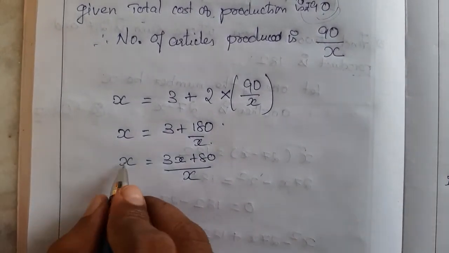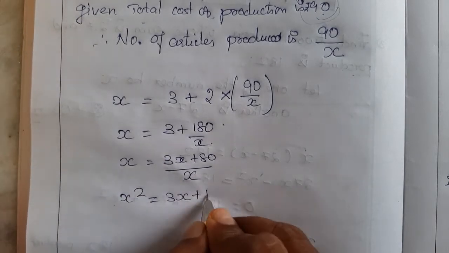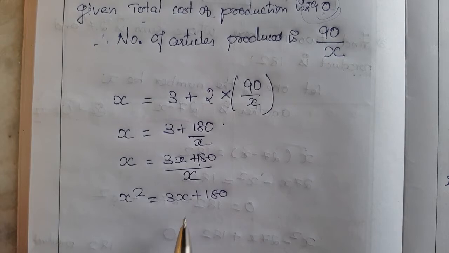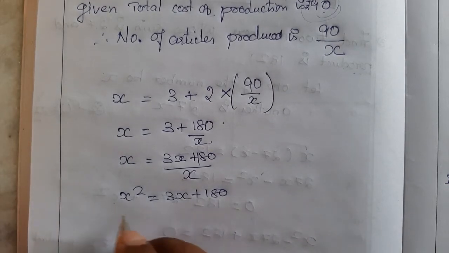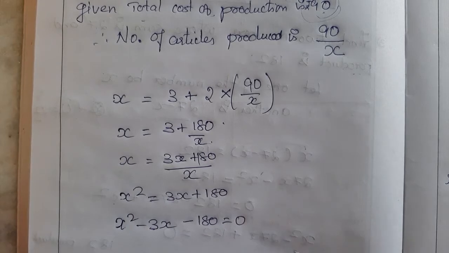That's the LCM. Bring it to this side, it will become x square is equal to 3x plus 180, and you bring both to this side, so it will become a normal quadratic equation. So x square minus 3x minus 180 equal to 0.